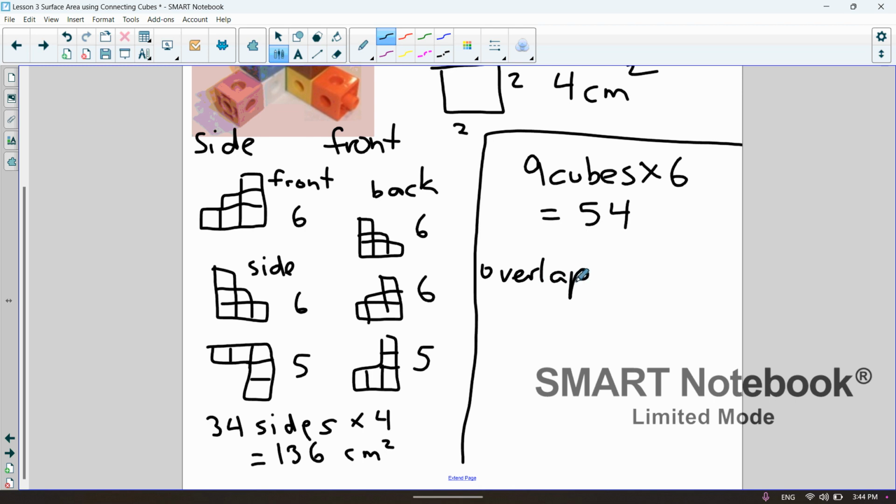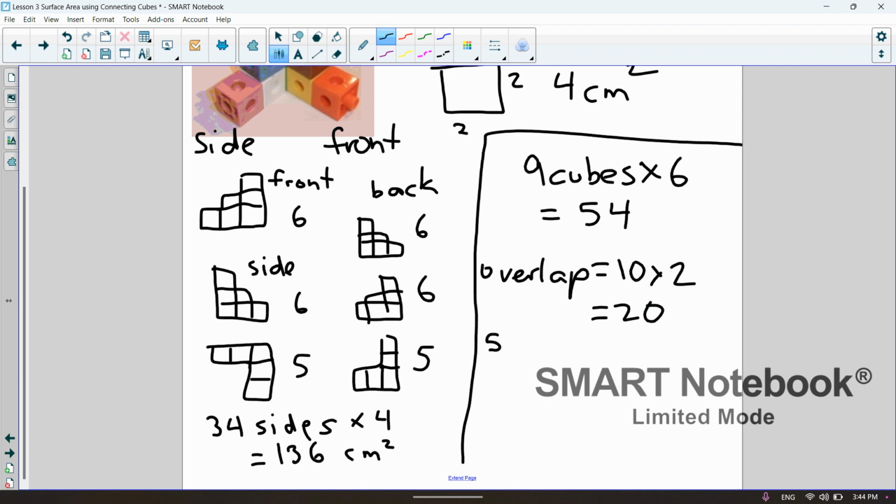1, 2, 3, 4, 5, 6, 7, 8, 9, 10. So take that number and multiply it by 2 to get 20 overlap.